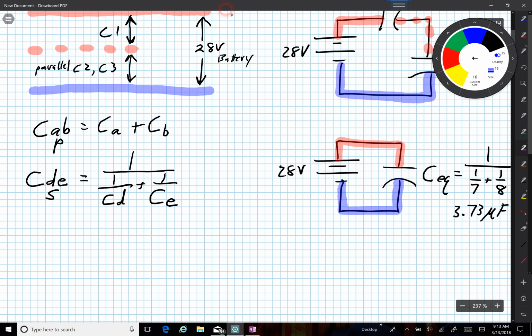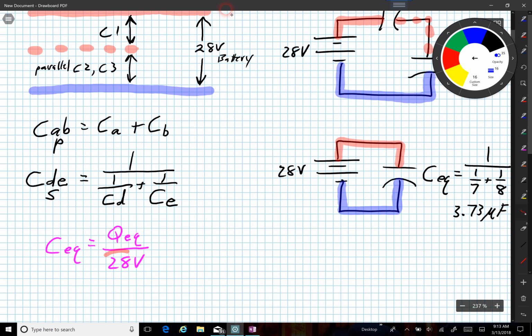So here's a specific equation. C equivalent is Q equivalent over 28 volts. That's just my defining equation for a capacitor, C equals Q over V, but now it's a specific equation because I'm putting in a particular value here, CEQ. I'm going to solve for the unknown. The unknown is the charge, and the voltage I know is 28 volts.